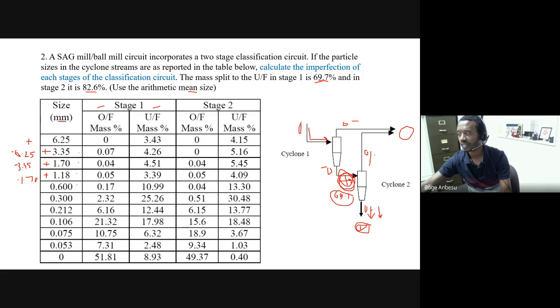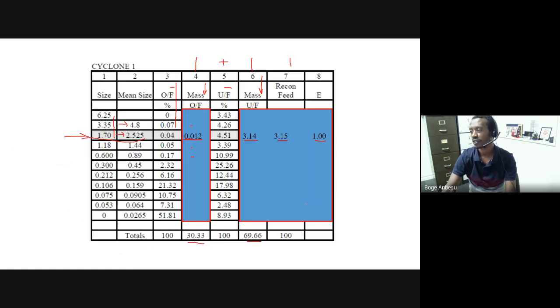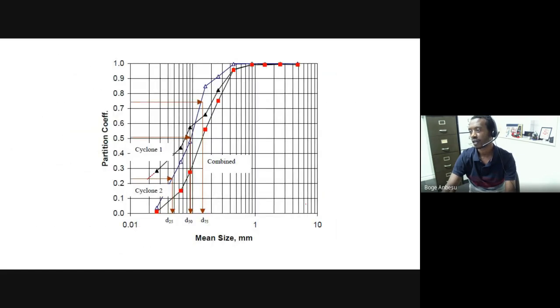So we're feeding a very narrow particle size range into the second cyclone. That's why it's a lot more efficient compared to the first cyclone. And the combined would be somewhere between the first cyclone and the second cyclone. So the second cyclone is very efficient, the first cyclone is not so efficient, and the combined is in between.